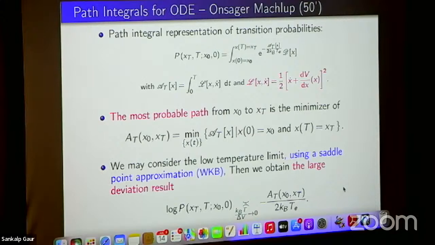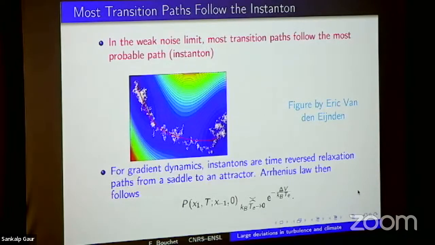Okay, so if we do that for this case, if we take x0 equal to +1 and xt equal to -1, and take a time t large enough such that we consider the fact that the transition between two attractors occurs on time scales much longer than the typical times of the dynamics, then we should be able to find exactly the result of Kramers and the Arrhenius law.